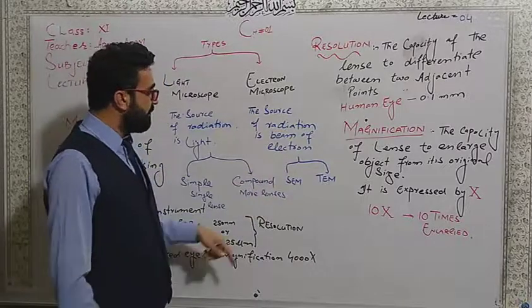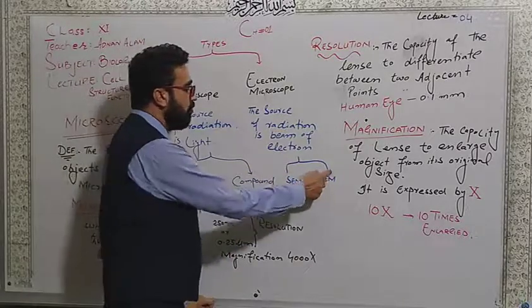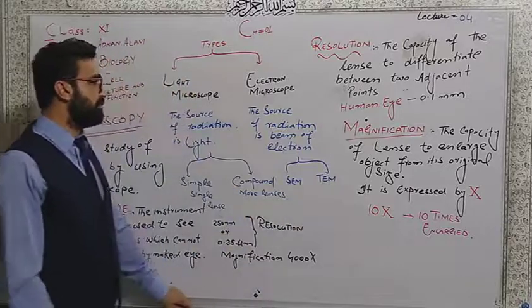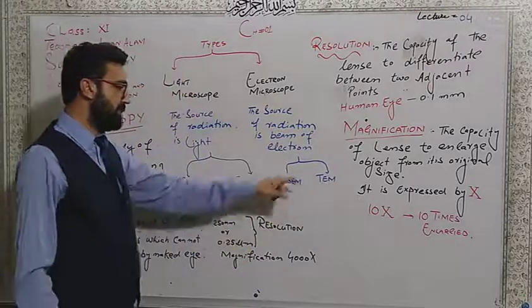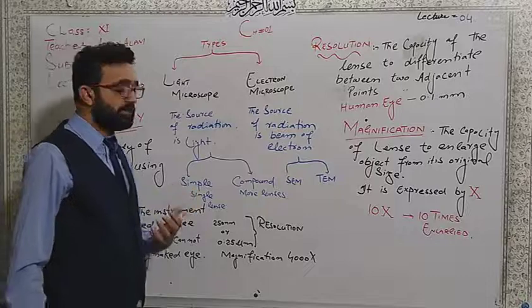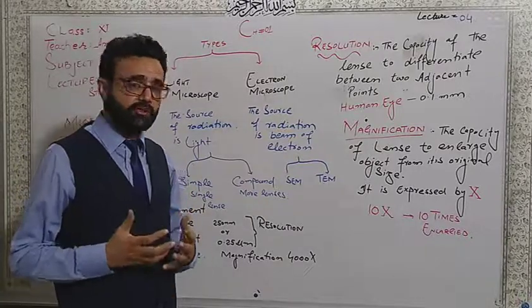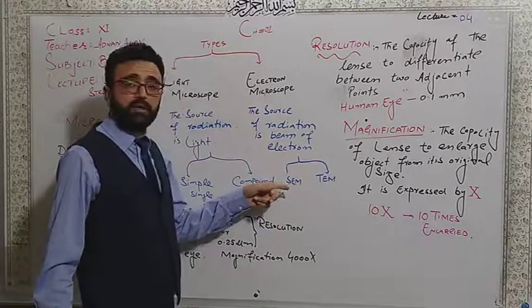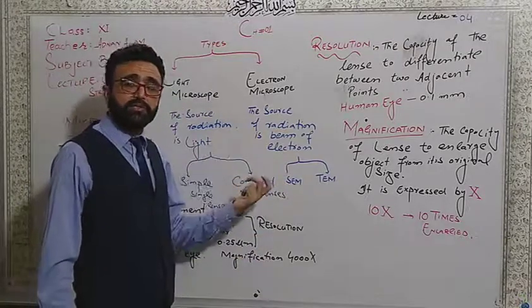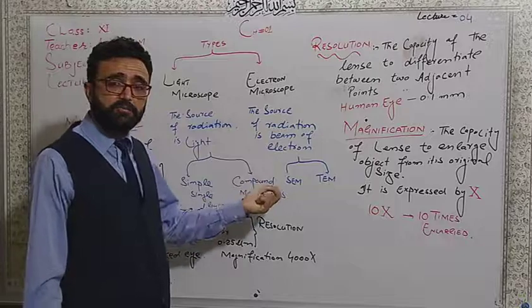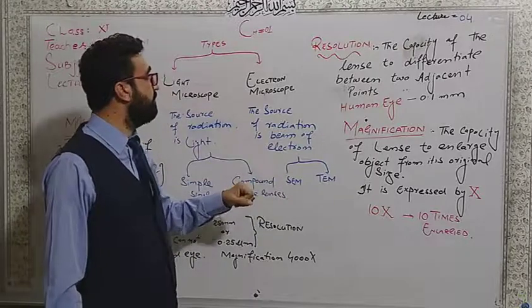It has two types: the scanning electron microscope and the transmission electron microscope, or TEM. The scanning electron microscope usually tells us about the surface study in 3D structure, and we can take images which are called electron micrographs through the SEM.